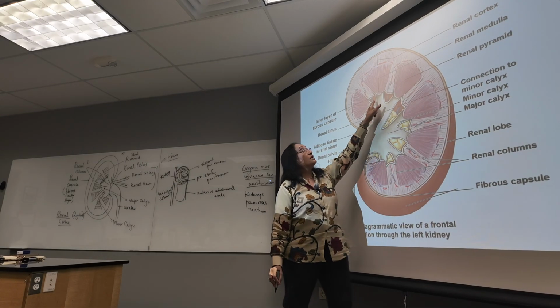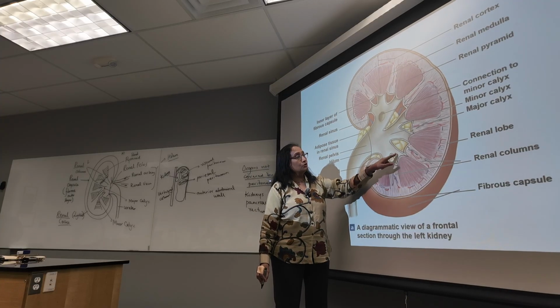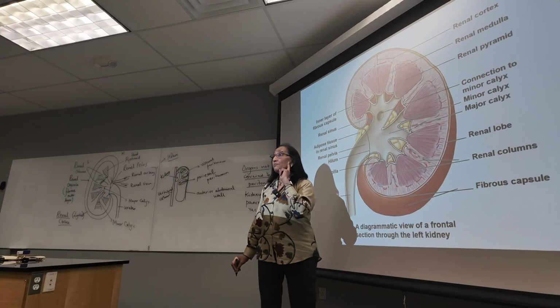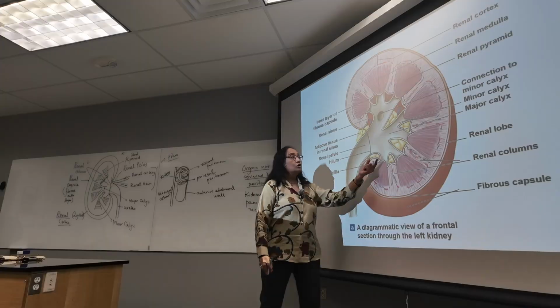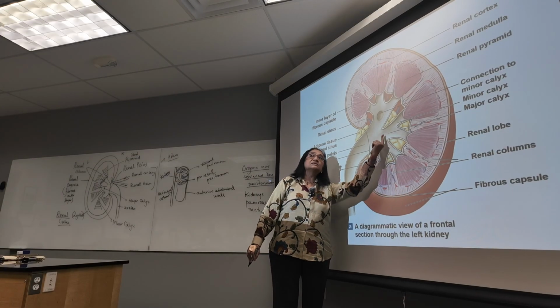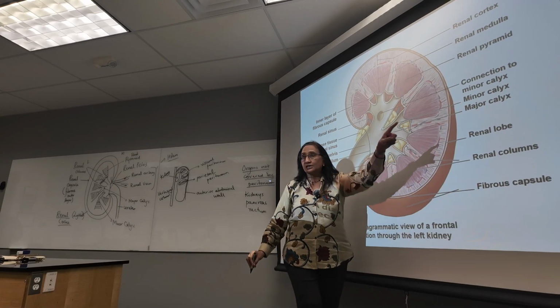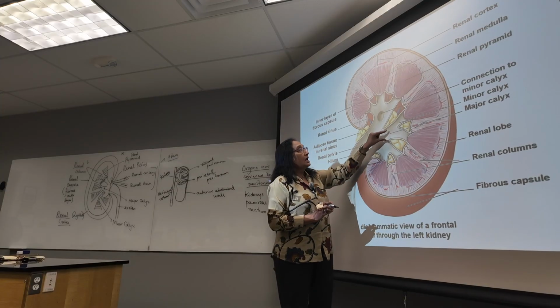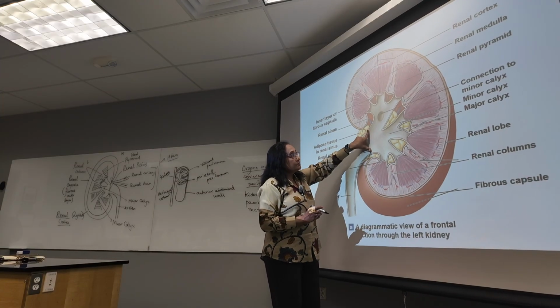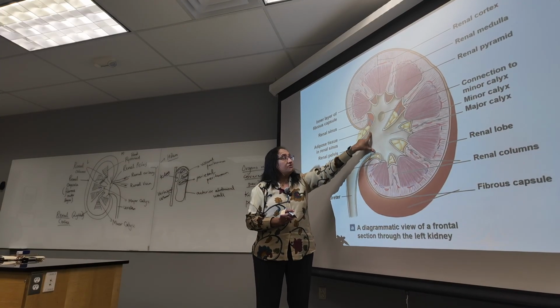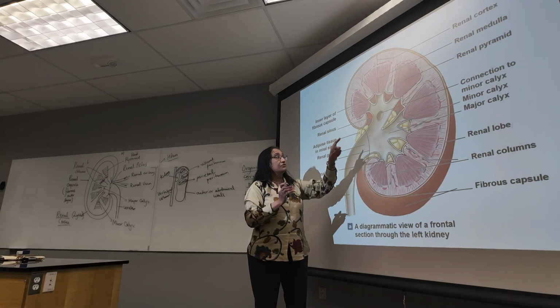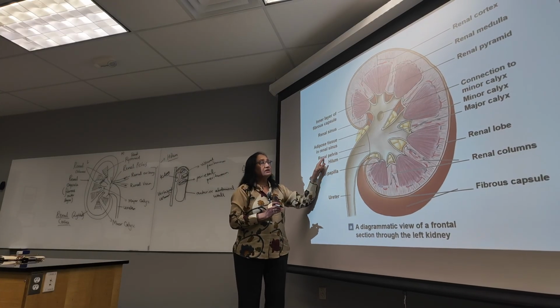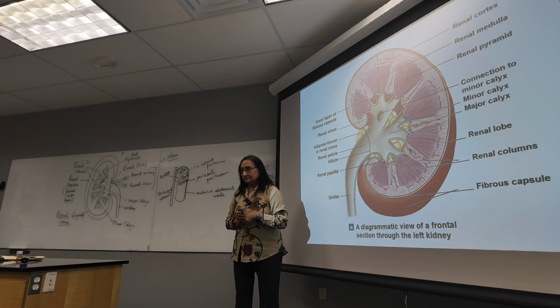From each pyramid, a small tube emerges, that is a minor calyx. 2 or 3 of the minor calyces will join to form a major calyx, a bigger tube, and all of them will ultimately open into this funnel-shaped starting point of the ureter, which is called the renal pelvis.